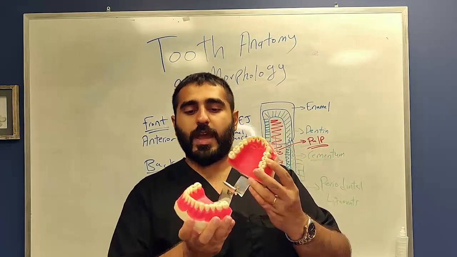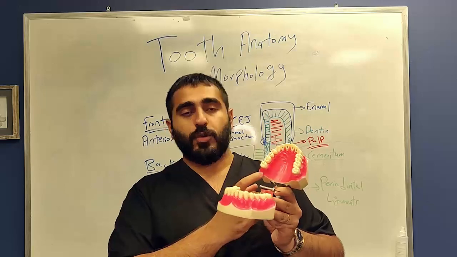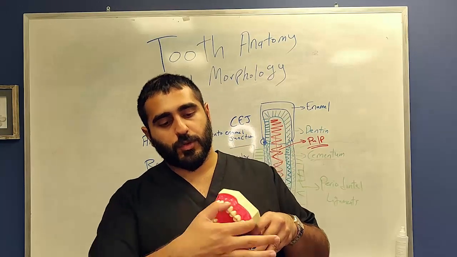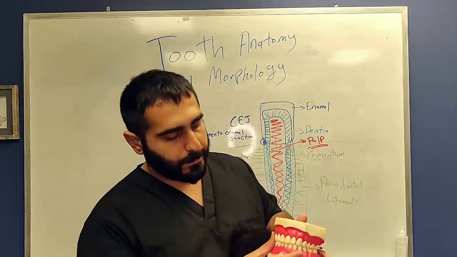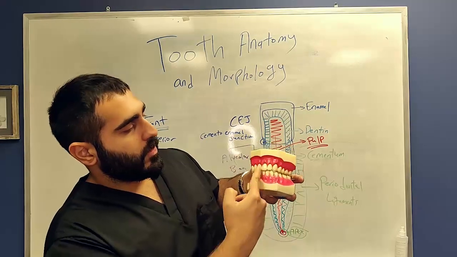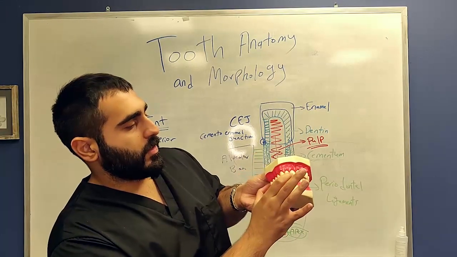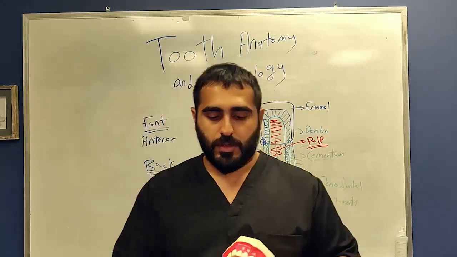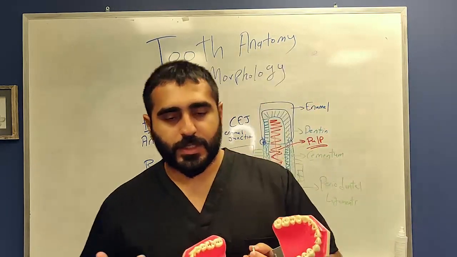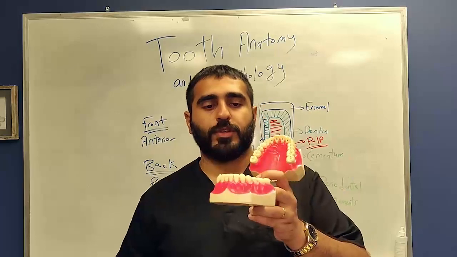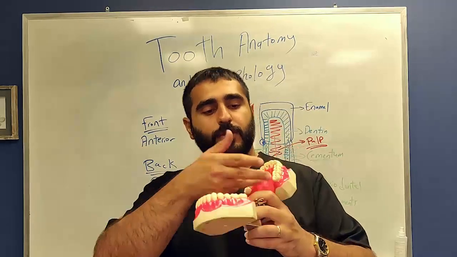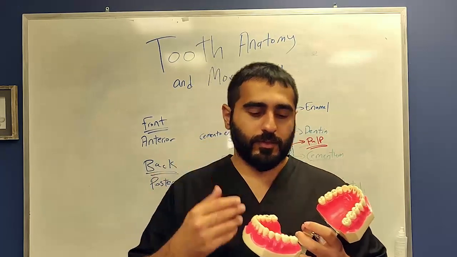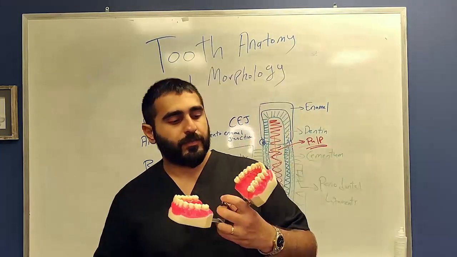So this dentition here does not have the wisdom tooth. So you can see 7 teeth per quadrant. This being the midline, making this 7 teeth in this quadrant, 7 here, and 7 here. So you could say, if this was an actual person, they either got their wisdom teeth extracted, or maybe they haven't erupted yet, or they don't have them.